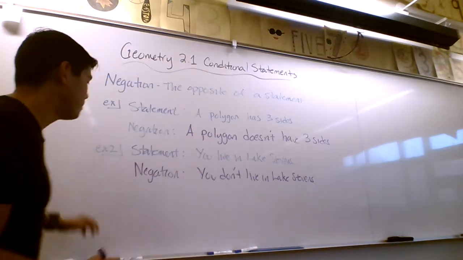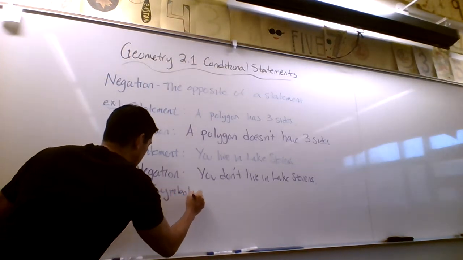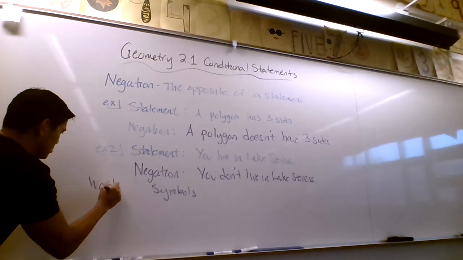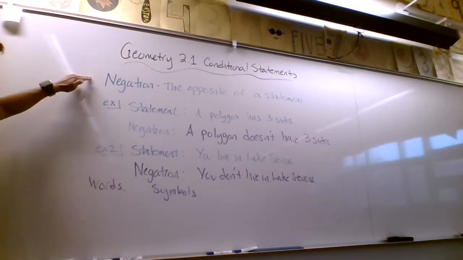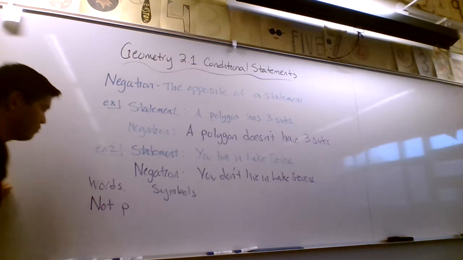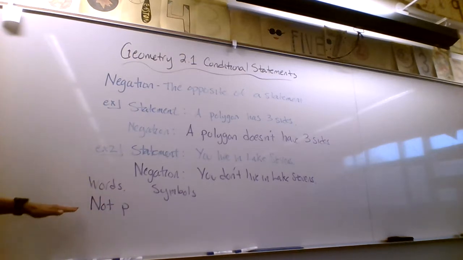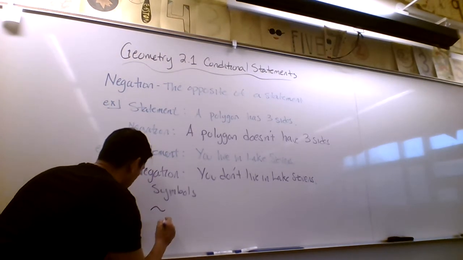And then in symbols, well, before we go over the symbols, let's go over the words. If your statement is P, then in words, the negation of the statement would just be not P. And if your statement is P, in symbols you use this little squiggly mark.